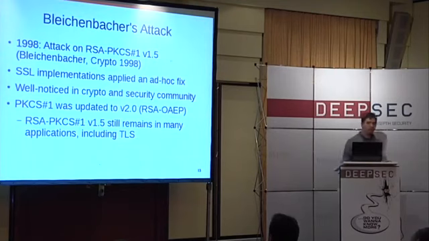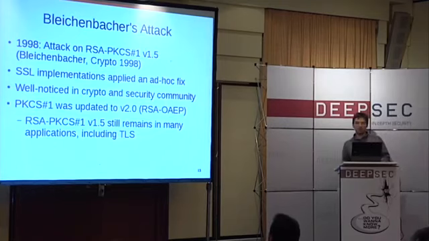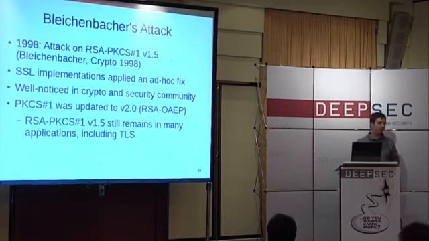SSL implementations applied an ad hoc fix to defend against these attacks, and the PKCS 1 standard was updated to version 2.0, so-called RSA OAEP. But RSA PKCS 1 version 1.5 still remains in practice in many implementations and many standards. For example, the newest TLS standard still uses PKCS 1.5.